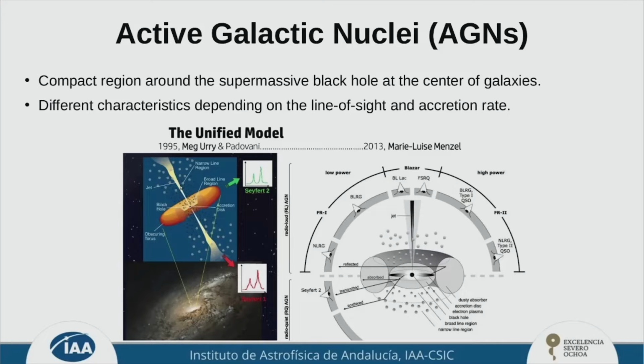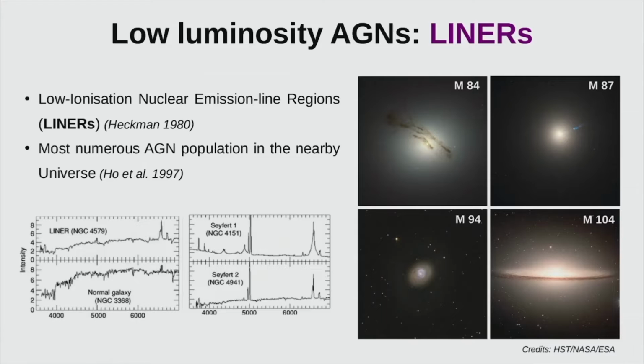So we have very high luminous AGNs, which essentially are really high accretors. And then we have low luminosity AGNs, which are low accretors, and they are in the limit between systems active or non-active. Among them, we found what are called LINERs.